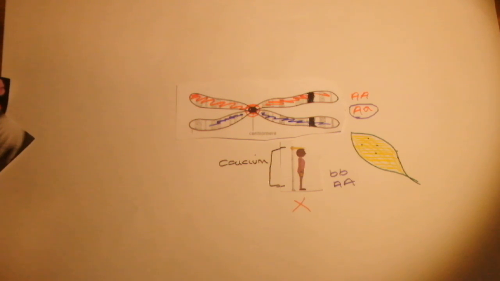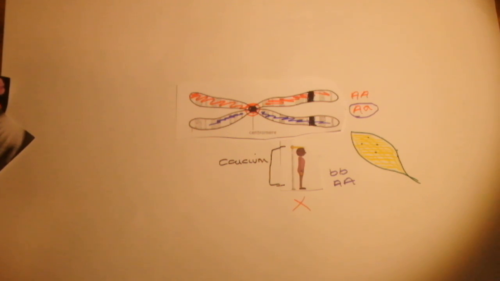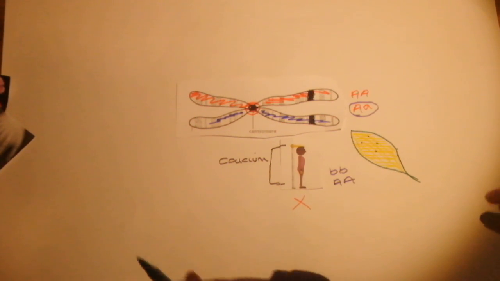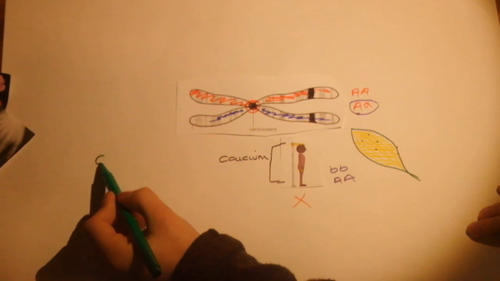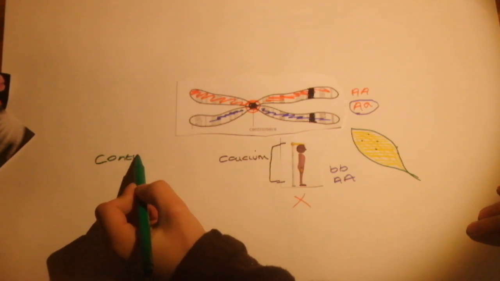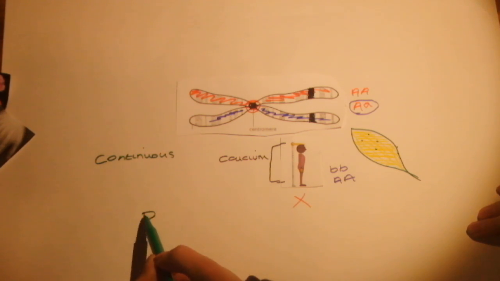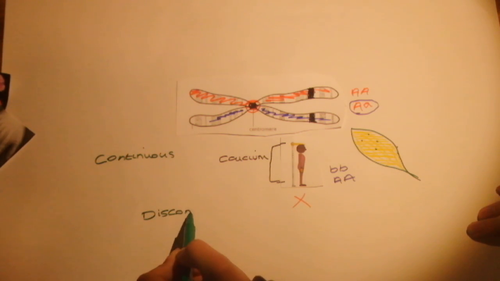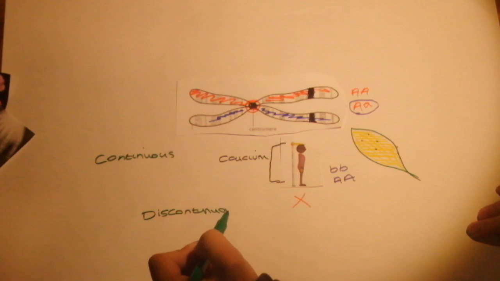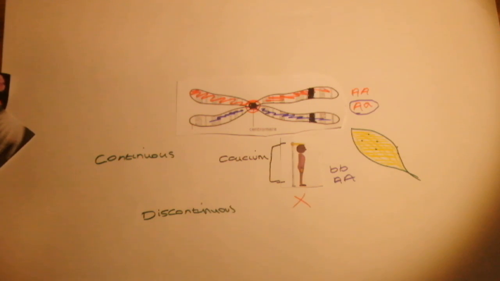So there are two types of variation. You can have continuous or discontinuous. So the two types of variation are continuous and discontinuous.